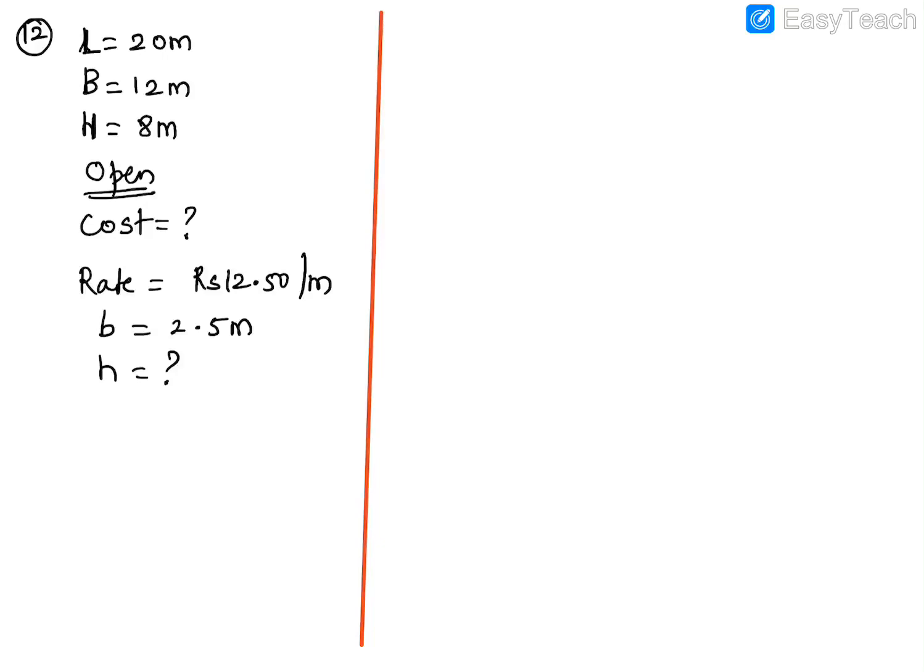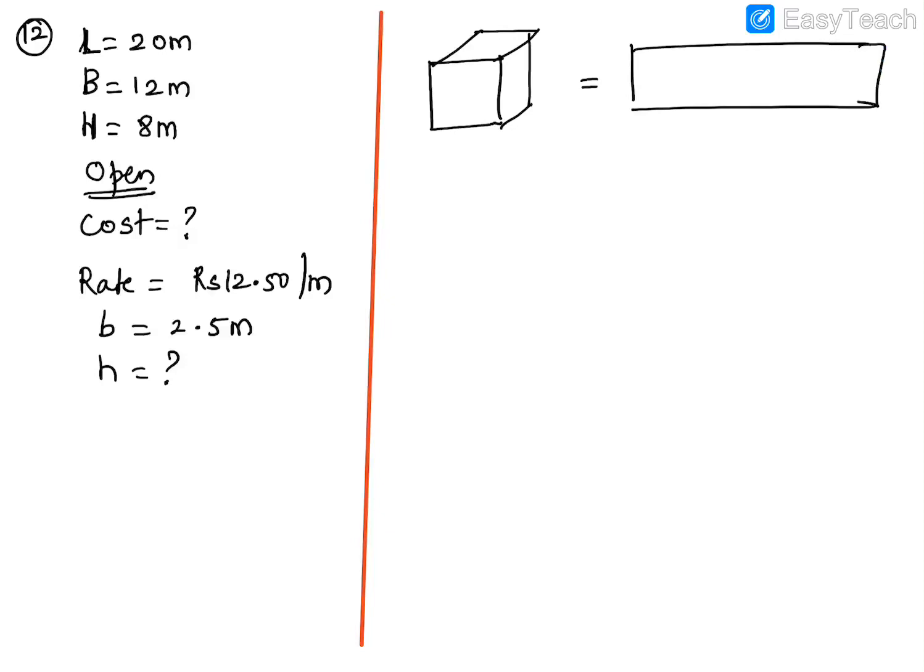So they are asking us, to make this tank, let's say a cuboidal tank which is open from the top, whatever sheet is needed, that will be equal to how much? So I need to first find out the length of the sheet. The width of the sheet is given as how much? 2.5 meter. This is 2.5 meter.